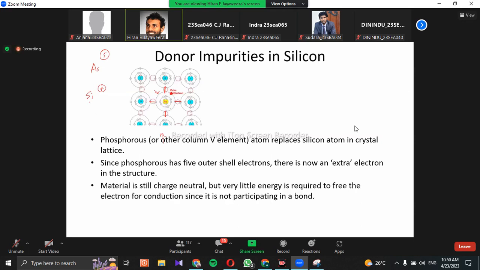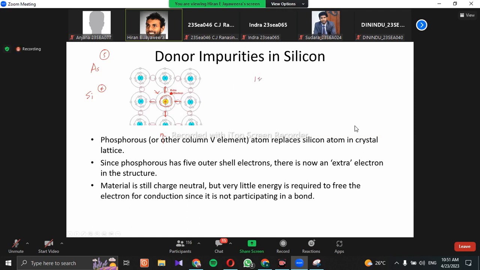Right? Now, one thing that you need to understand is that for arsenic, you have 2 here, 8 here. So it's 2 and 8, 10, and 5 in the outermost shell.